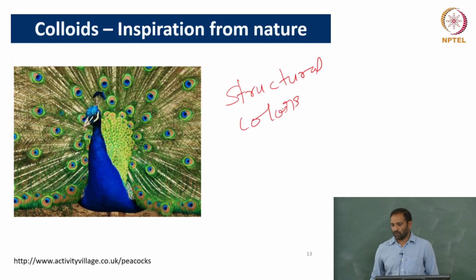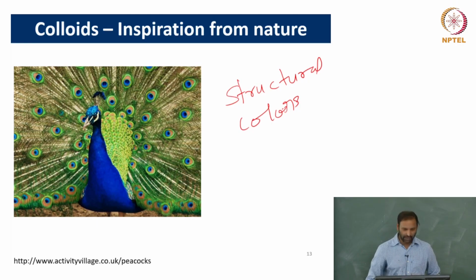In chemical engineering, when people look at things like paints of different colors, one understanding is that there are pigments that have a specific color, and you can make paint of a specific color that way.